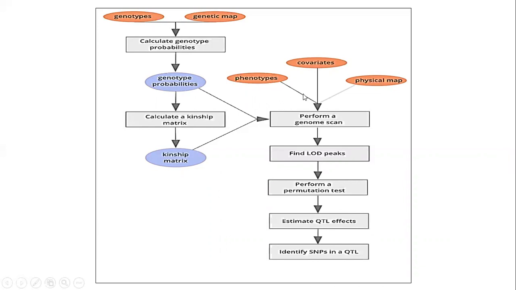This is the basic principle of QTL. Then perform a genome scan and find the LOD peaks, and after that the permutation test is performed, and after that the QTL effects are estimated, and the single nucleotide polymorphisms or genetic molecular markers are identified in a quantitative trait loci map.